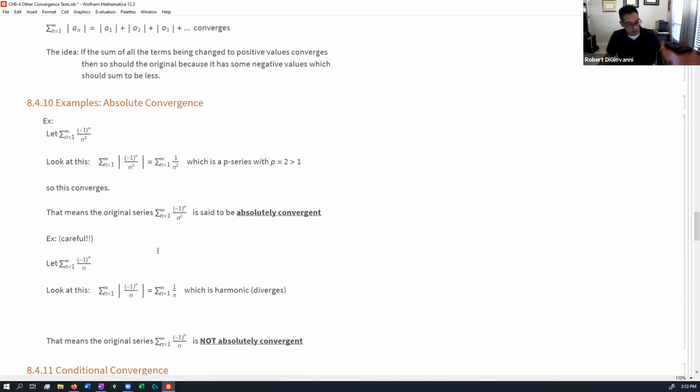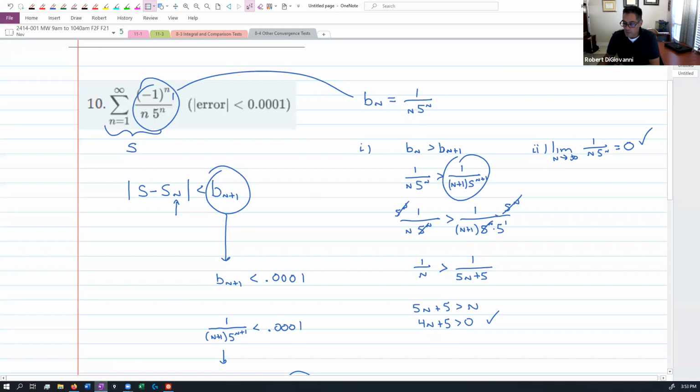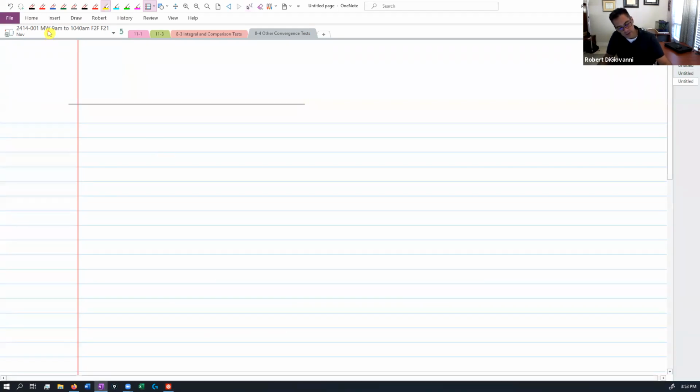So if we take a look at this example, I think I'll do this on another page. If we look at the series, sum n equals 1 to infinity, (-1)^n over n squared, we can see here that this is an alternating series.